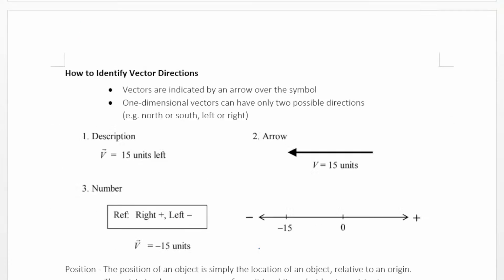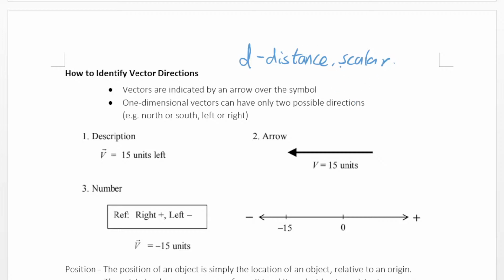All right, so how do we denote vector quantities from the rest? What we do, of course, is distance. We will write d, distance, scalar.